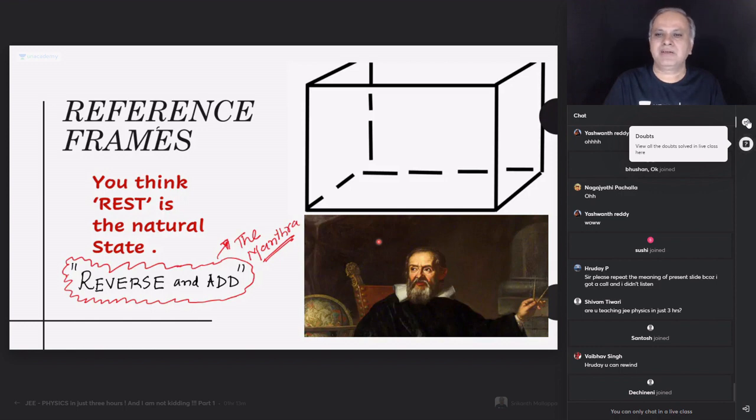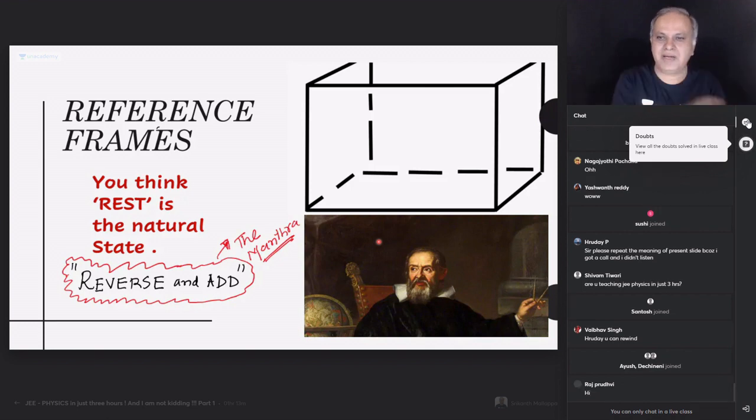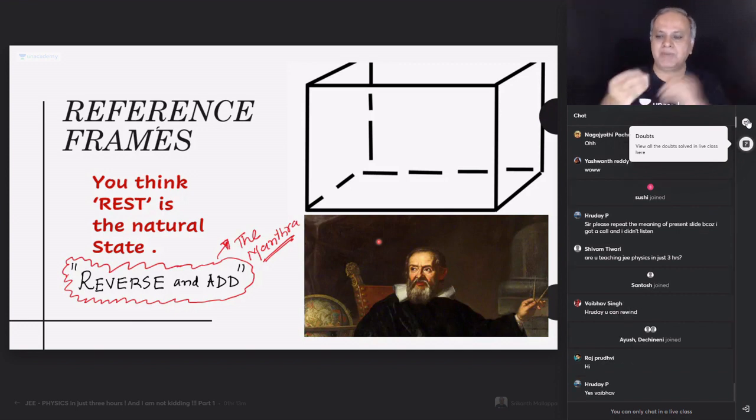But remember, that's the reason I was telling you, I cannot change your thinking, you don't want to go to reference frames, all that. I still have no problem, children. But get this mantra, reverse and add. You come to a feeling of rest. In your own world, you will be there and apply the equations, all right, and solve problems. We have to be on time, children. I'll move ahead.